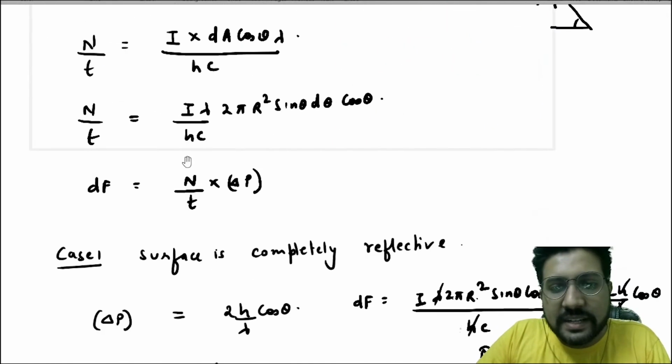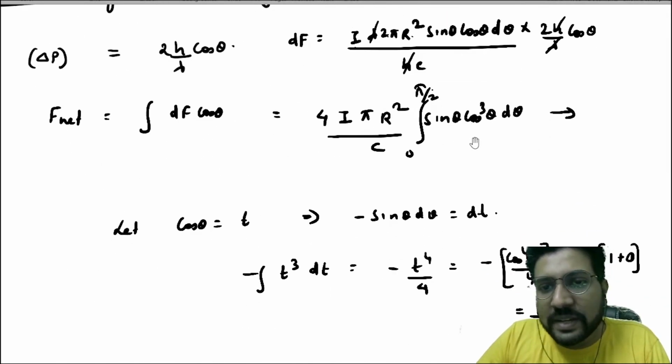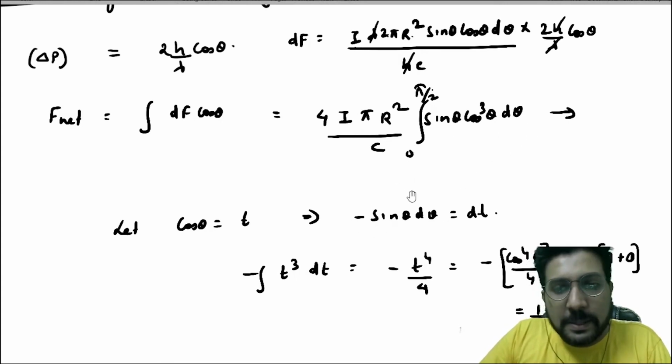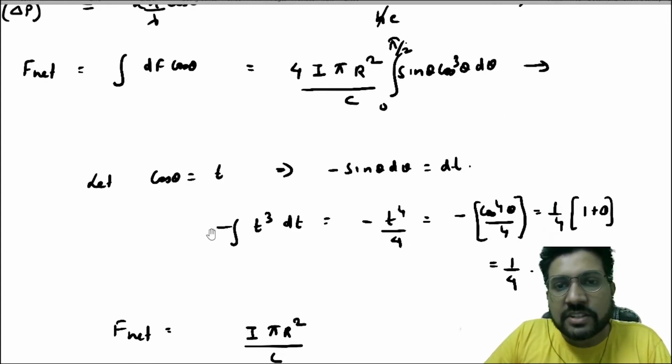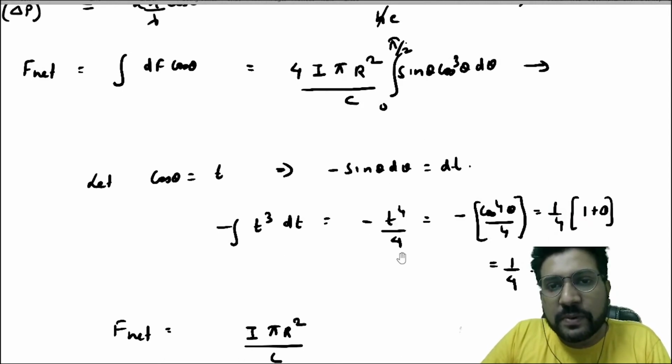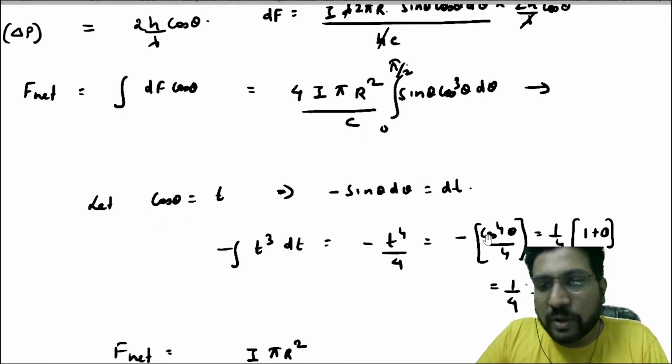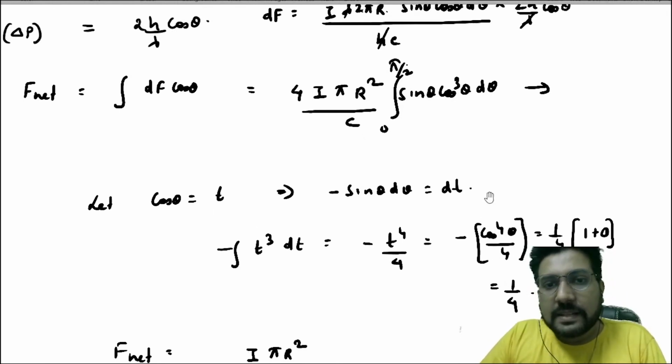If you integrate it from 0 to pi by 2, you can integrate this by substitution. By taking cos theta equal to t, you will get sine theta d theta equal to minus dt. So you will get integration of minus t cube dt, that is minus t power 4 by 4, and t is nothing but cos theta, so cos power 4 theta by 4 from 0 to pi by 2.